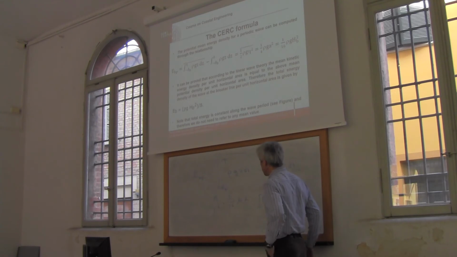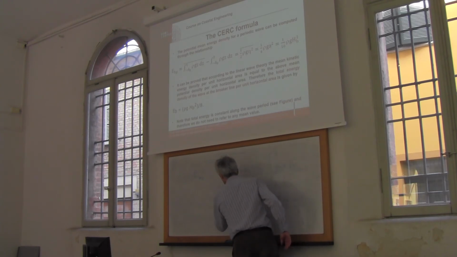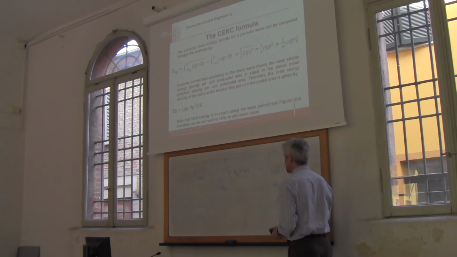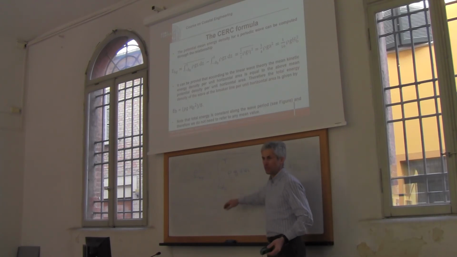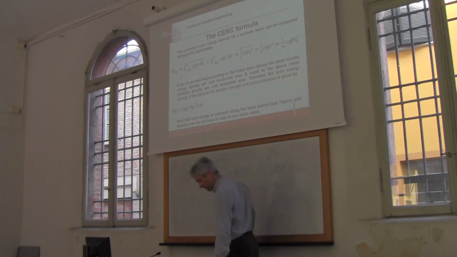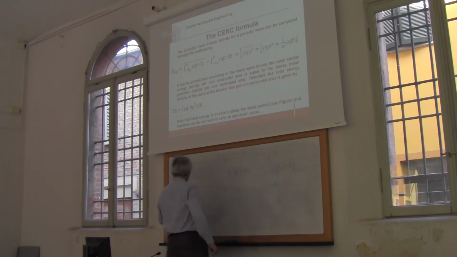Okay, now, second consideration of this expression here. So I delete here. Second consideration, I can split this integral in two parts. The first part is from the seabed to mean sea level. The second part is from mean sea level to eta. Okay, good. So let me rewrite it.